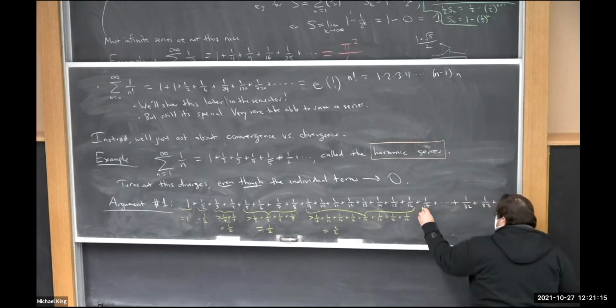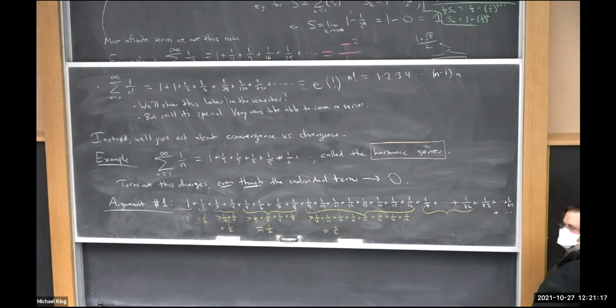Okay, what if I do 1/17 through 1/32? Each term is bigger than 1/32. How many terms are there from 17 to 32? 16 from 17 to 32.